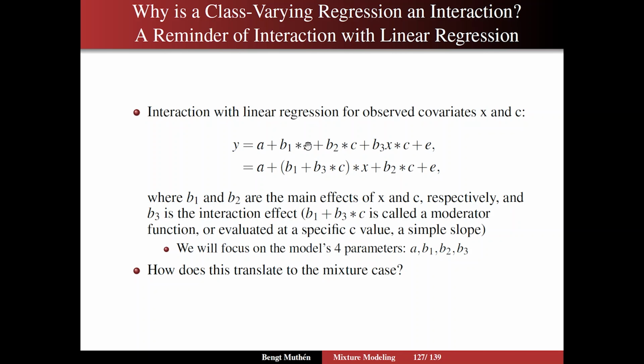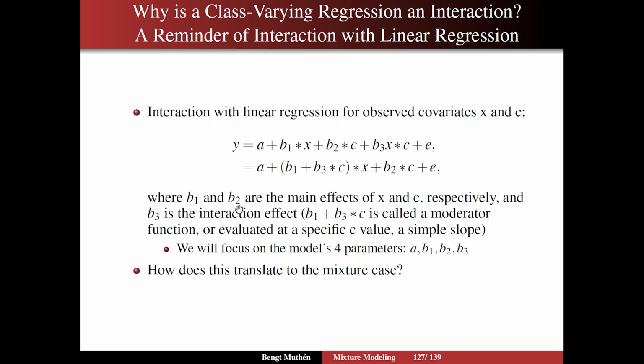Now you can reshuffle that equation so that this term and this term get put into a summary term where you pull out x multiplying B1 is that term, x multiplying B3 times c is that term. And then you have the effect of c here.